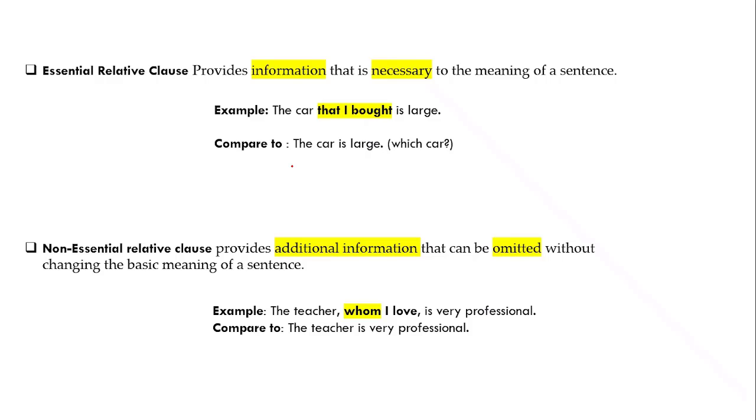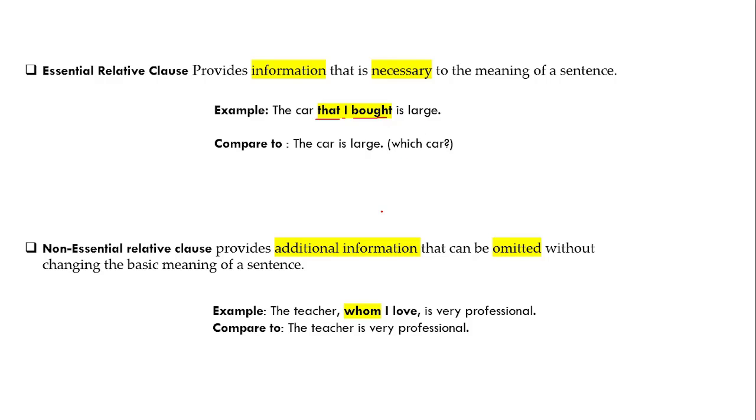But when I say the car that I bought, and not any other car, this means I'm talking about a specific car. And this sentence is a complex sentence, as it has the relative pronoun, subject, and verb, and this is the relative clause, or the subordinate relative clause. The main clause is the car is large.